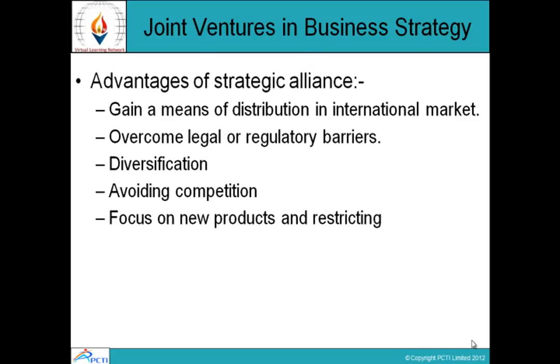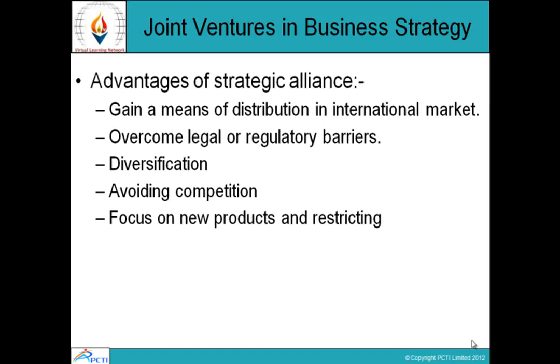Now, what are the advantages of strategic alliance? It helps in gaining a means of distribution in international marketing, right? Also, it helps in overcoming legal or regulatory barriers. Joining hands with a firm which has a legal advantage over a firm which does not leads to overcoming the regulatory barriers.